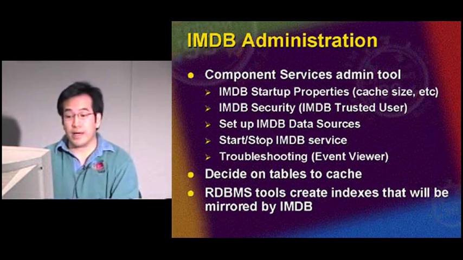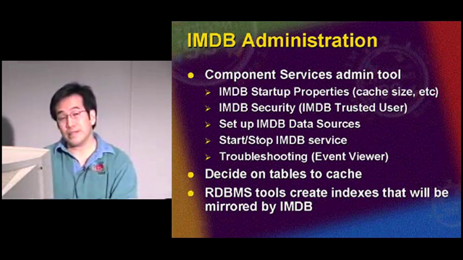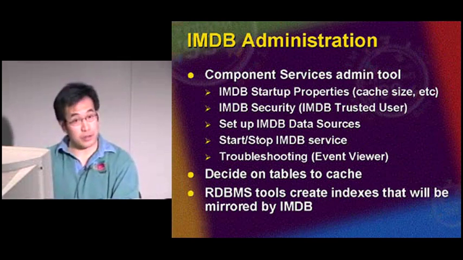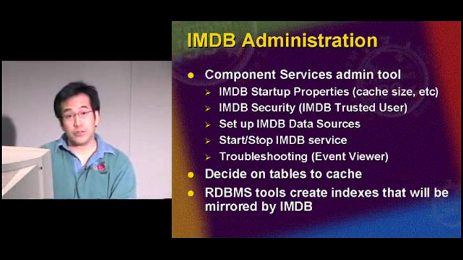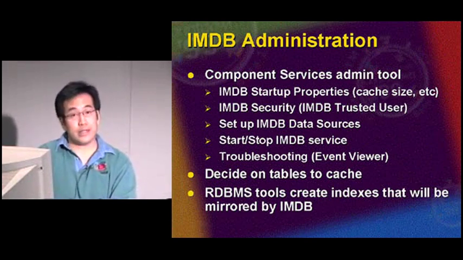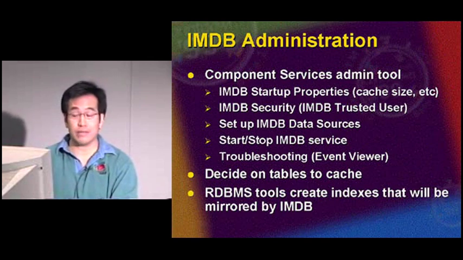Note that the back-end SQL Server and Oracle tools are the tools utilized to create indexes that will be mirrored in IMDb. By that I mean when IMDb loads a SQL Server or Oracle table, it first reads the metadata from that table. From that metadata, it will create the same indexes that were created on the SQL Server or Oracle table, and then create them on the equivalent data in IMDb cache.